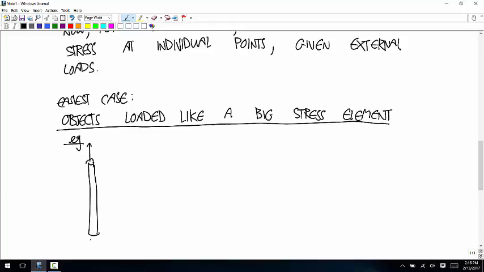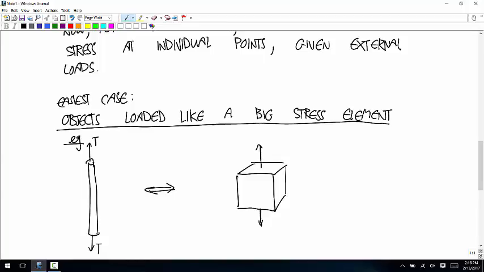Anything in uniaxial tension or compression. That works because a stress element can be loaded like this. You could choose whatever coordinate system.